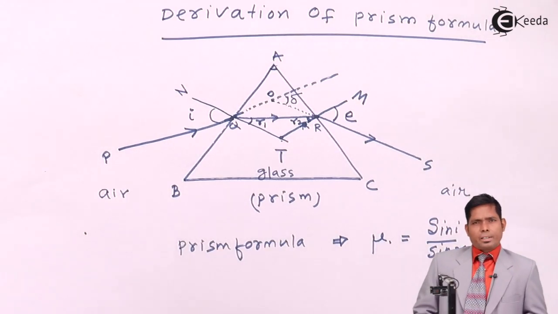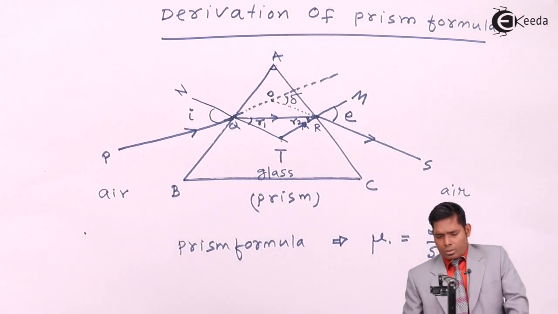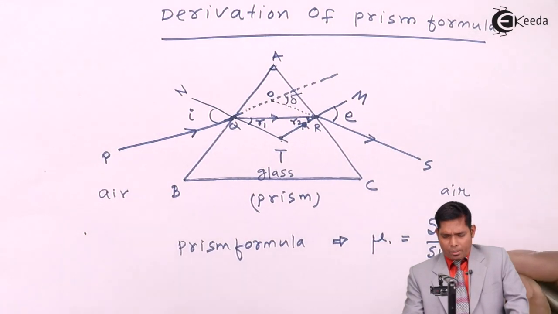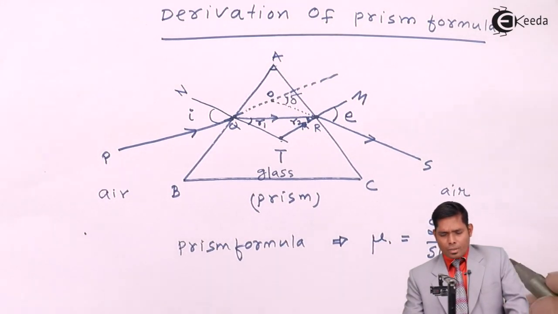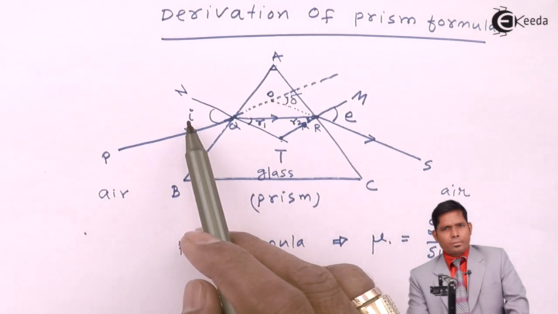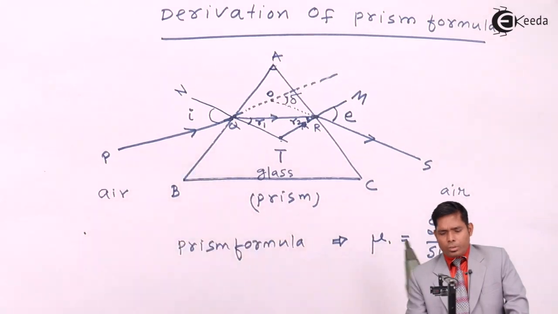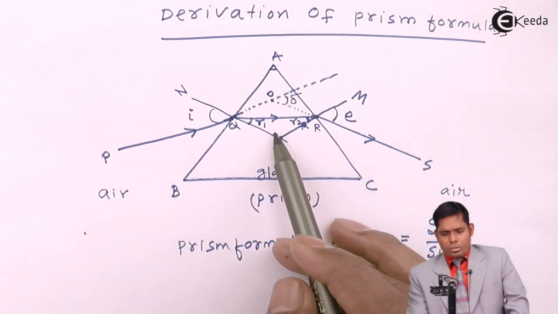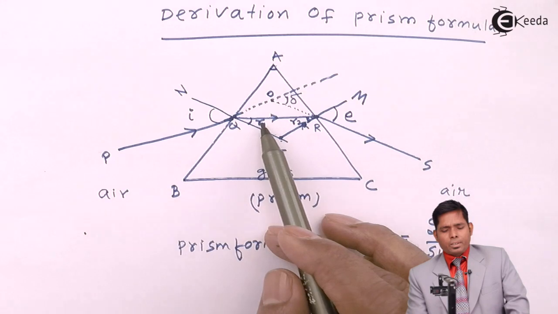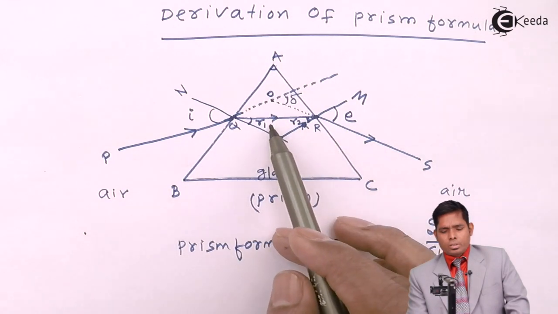This is sin i upon sin r. So in sin i upon sin r, we don't want to write just i or just r, because which i will you take? If I say this i, then which r? This is also an angle of refraction, because the ray is entering and coming out.